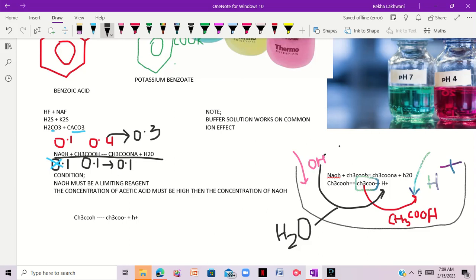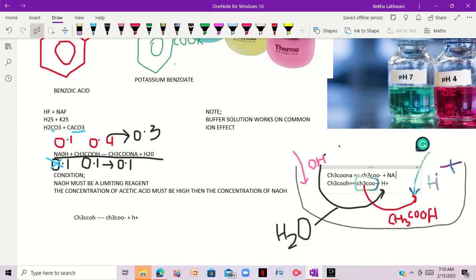It should be CH3COONa, which dissociates basically into CH3COO negative plus Na positive, right?